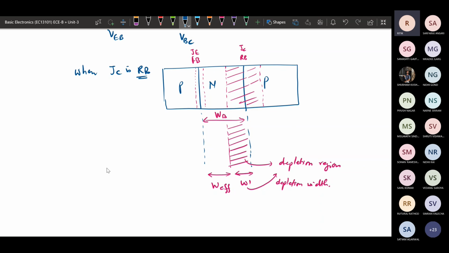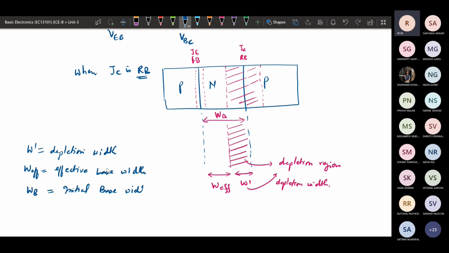Here W dash is your depletion width, W effective is the effective base width, and WB is the initial base width.